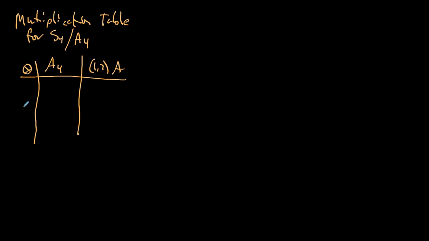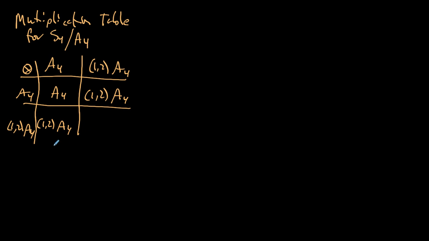A4 times A4 was A4, A4 times (1 2)A4 was (1 2)A4. And let's just get rid of that straight mark. Yeah, that should be an A4. And (1 2)A4 times A4 was (1 2)A4. And this one, times that one, turned out to be A4 again.